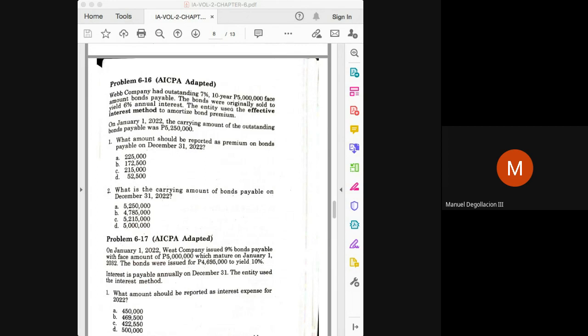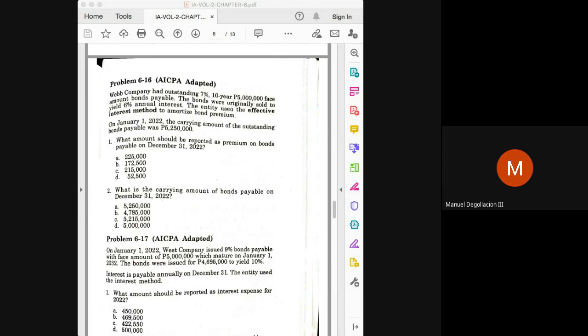Now, fourth possible question, how much is the carrying amount? Again, to solve for the carrying amount, it is simply the face value plus the unamortized premium. Okay, so this would be 5 million plus 225. We will have 5,225,000.